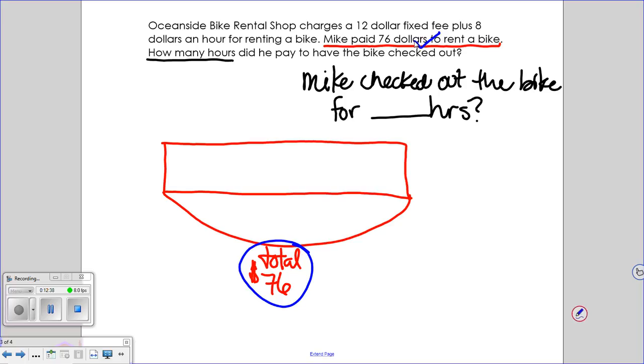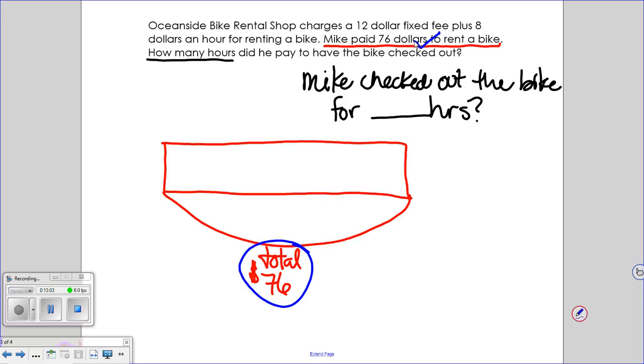Look in the problem. That's where the clues are. Mateo, what's one other thing that we know? Oceanside Bike Rental Shop charges a $12 fixed fee plus. Yeah, so we know that he paid $12 just by saying, hey, I want a bike. They said, okay, it's $12. So we know he paid $12 already.